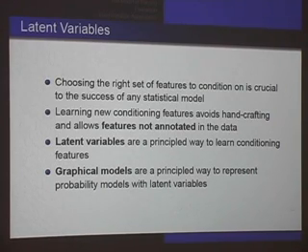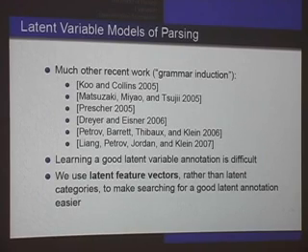And specifically, we want to avoid the need to have data that's been annotated with those features. Traditionally, you need the data annotated with those features so that you can just apply supervised learning. But if we use latent variables, then we can induce those features automatically, and we don't need the annotated data. And graphical models are a principled way to define a probability model with latent variables.